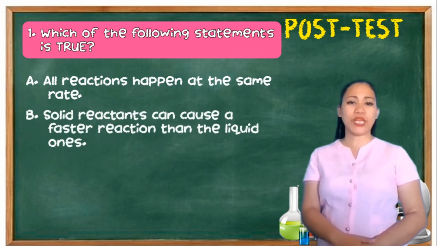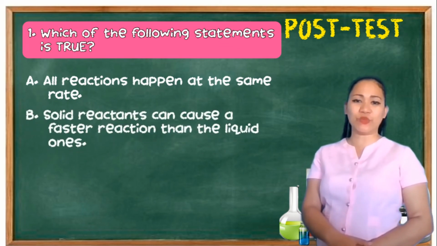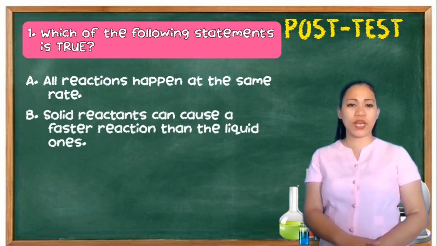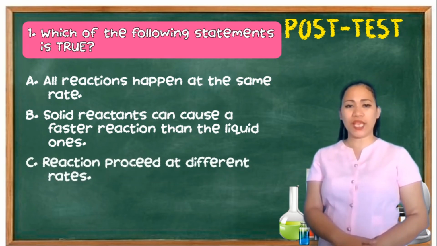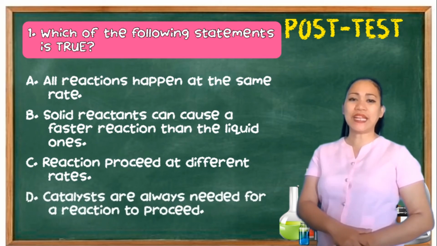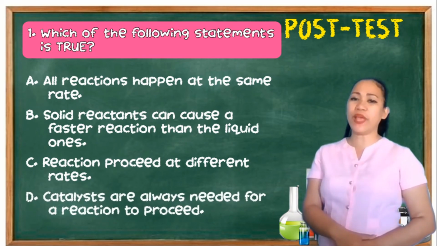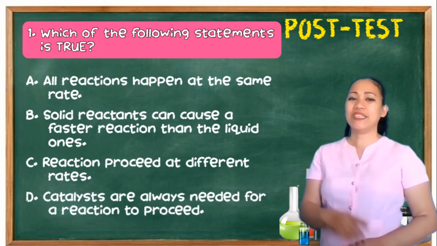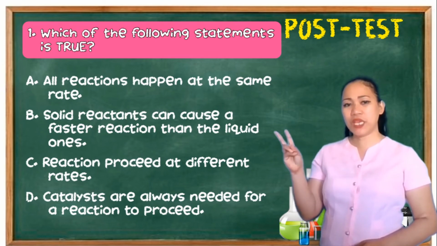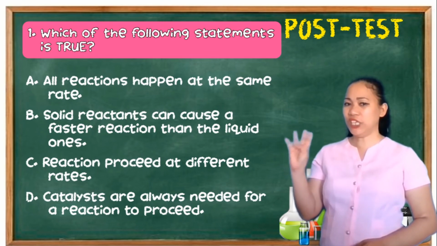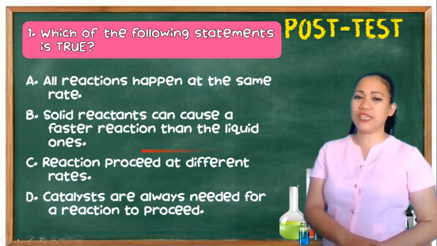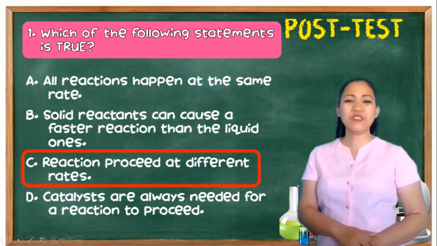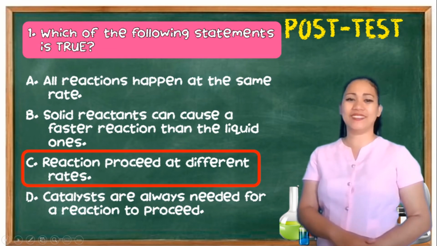B. Solid reactants can cause a faster reaction than liquid ones. C. Reactions proceed at different rates. D. Catalysts are always needed for a reaction to proceed. Is it A, B, C, or D? If your answer is C, correct. Reactions proceed at different rates.